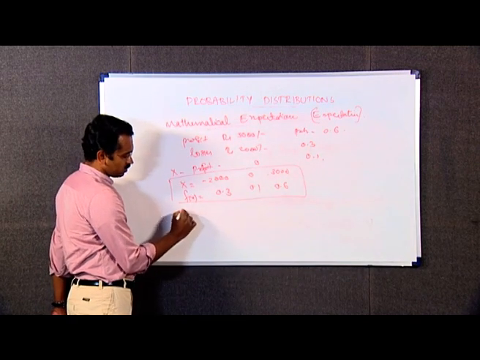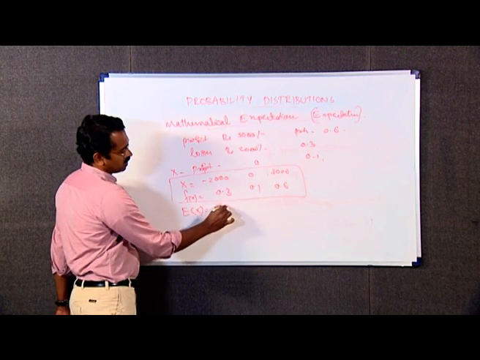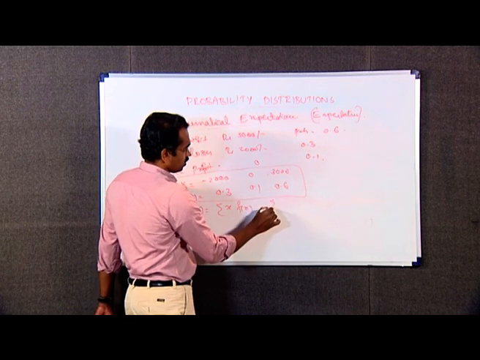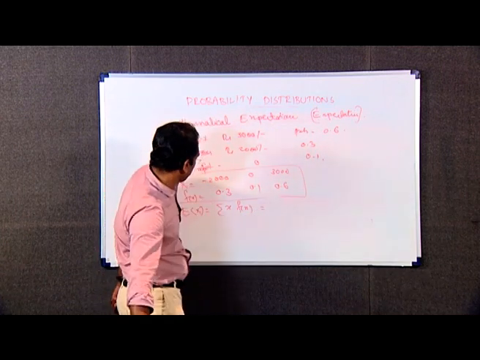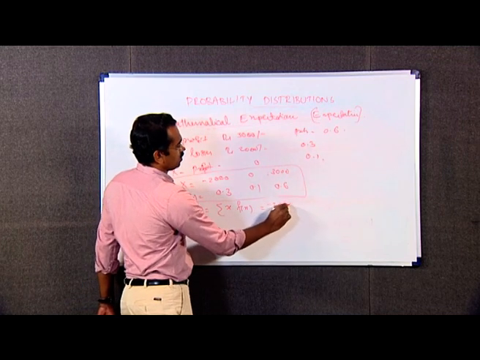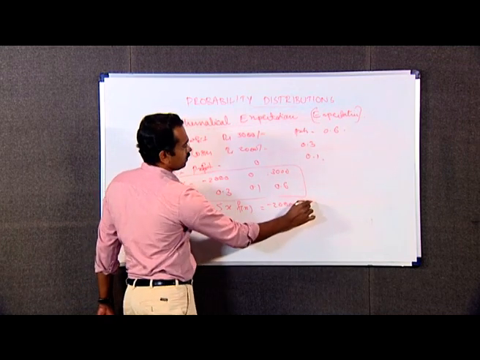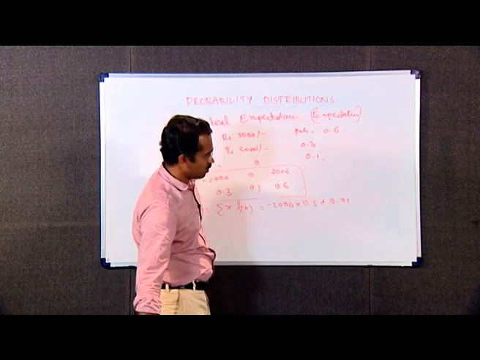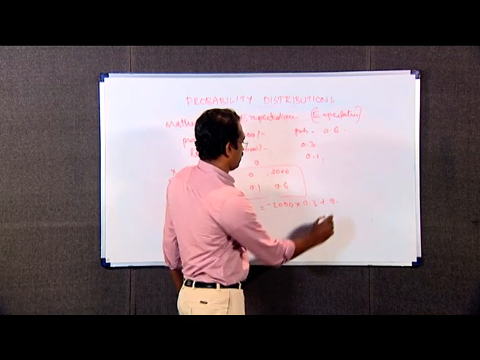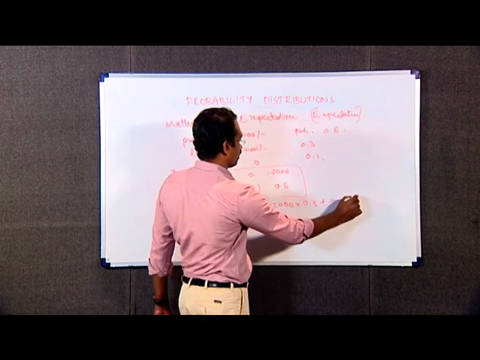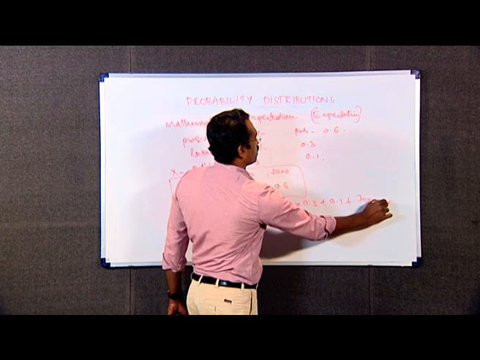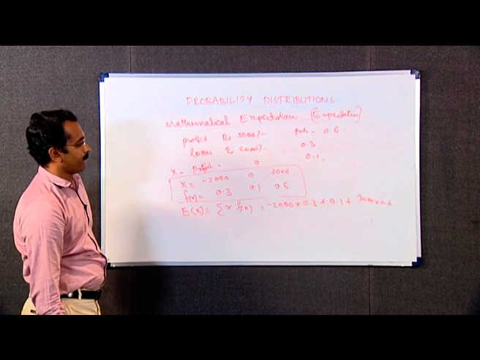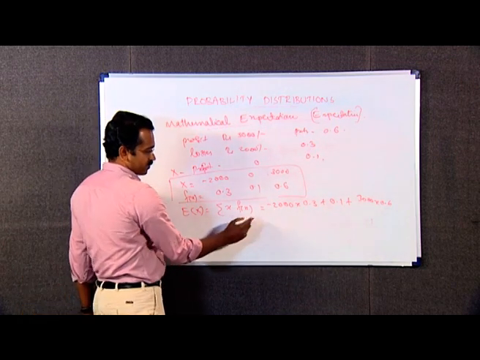Now we have to calculate the expected profit, meaning E of x, as summation x into f of x, which is equal to minus 2000 into 0.3 plus 0 into 0.1 plus 3000 into 0.6. Here we used the definition of expectation.